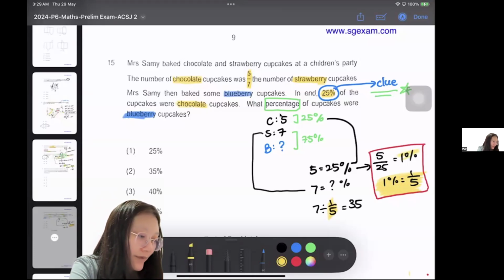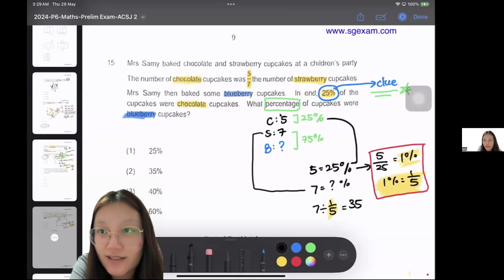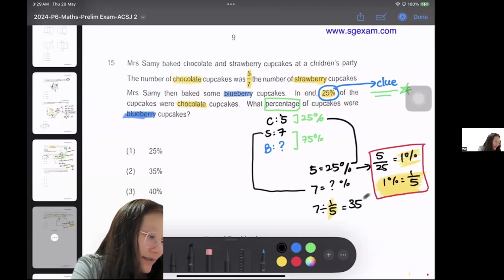That means there is 35 1% inside of 7. Okay, 35 1%. So if there's 35 1% inside of 7, that means that 7 also equals to 35%. Right? There are 35 1% in 7. So that means 7 equals to 35%.